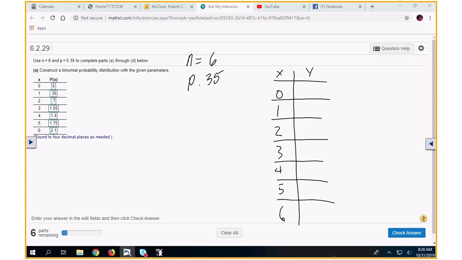Some of y'all don't have calculators. You need to download them on your phone. It's the indicators, the binomial distribution. So take your handy dandy calculator.